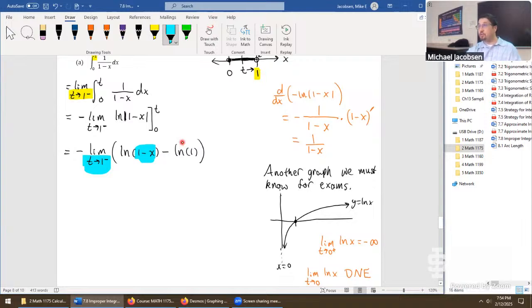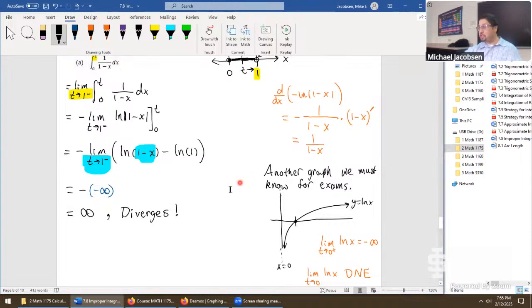Natural log of 1 goes to 0, so this turns into negative. The limit on this is negative infinity. We have to be really careful and mindful of doing any kind of arithmetic with negative signs when infinities come up, because oftentimes you might be looking at indeterminate forms. But in this context, it would be just an ordinary infinity with double negation, which means the original integral, this one way up here, diverges.